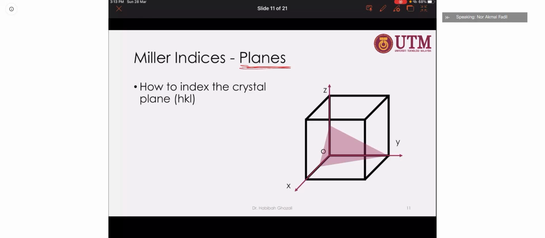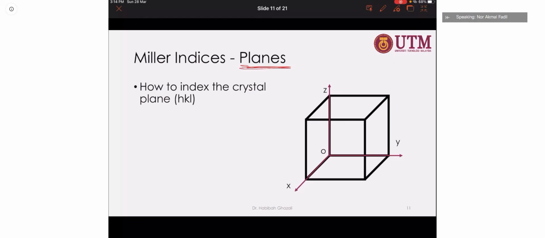For example, if we reverse a bit, these atoms are arranged forming a plane-like structure. If we zoom out, it actually contains a plane of atoms.